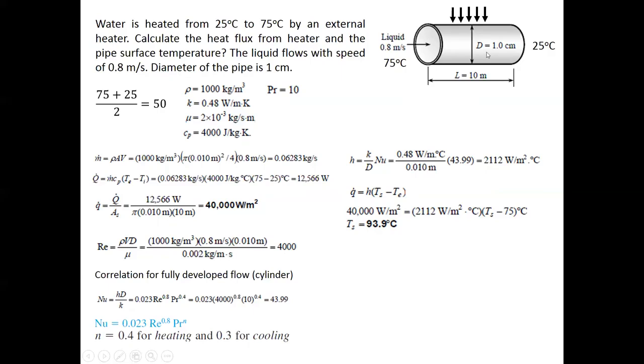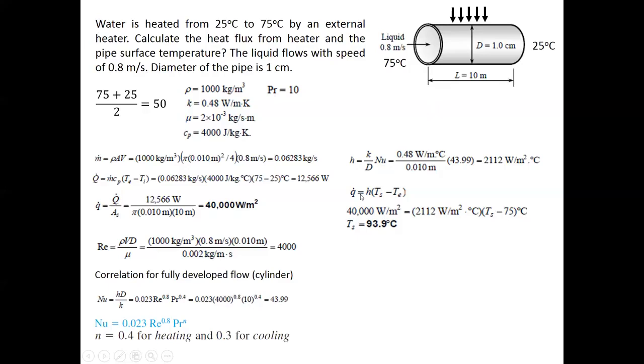For this problem, again, we are in a heating mode, so n equals 0.4, and then you calculate the Nusselt number and equate this to hd over k, because the Nusselt number is also equal to hd over k. We have the k value from the table, we have the diameter of the pipe, therefore you can calculate the heat transfer coefficient.